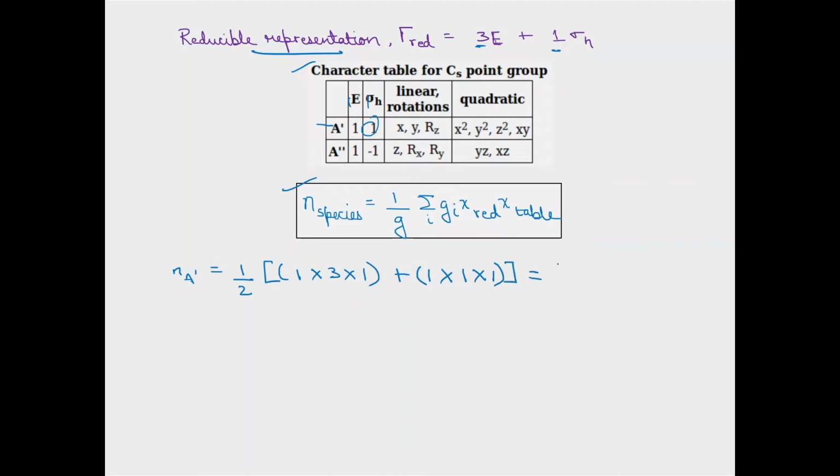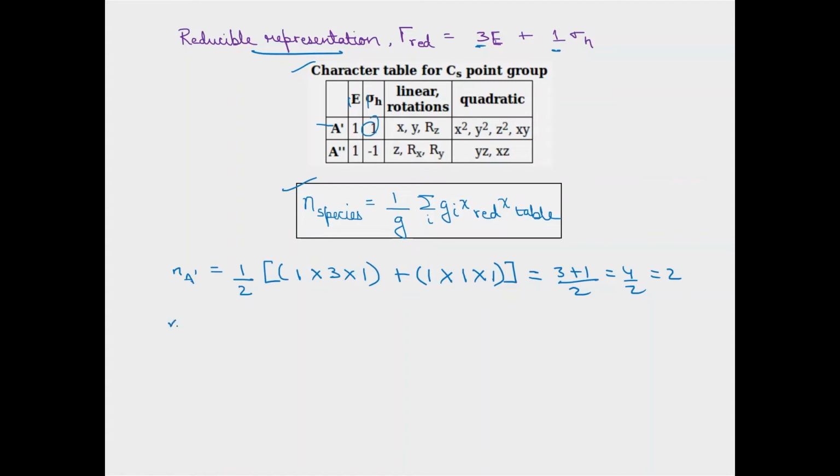That means 3 plus 1 by 2, which is equal to 4 by 2, that is 2. So A dash appears twice in the reducible representation.